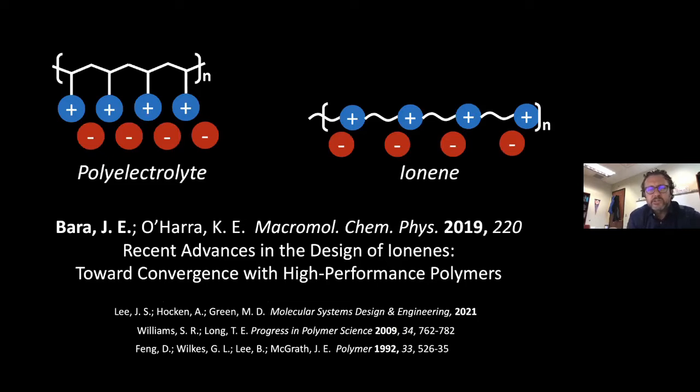Here is another illustration from a review paper from my group from 2019, where we compare polyelectrolytes and ionenes, and highlight different approaches to making some really high performance materials. There are also other reviews.